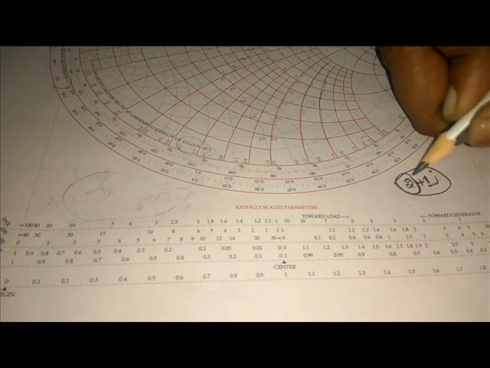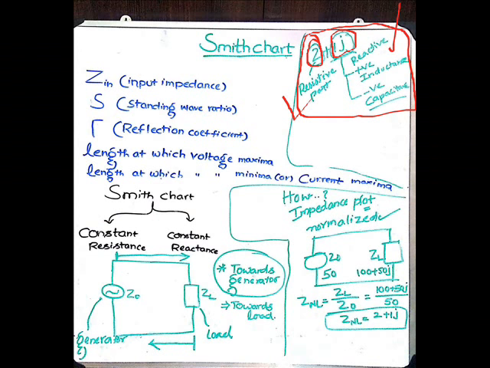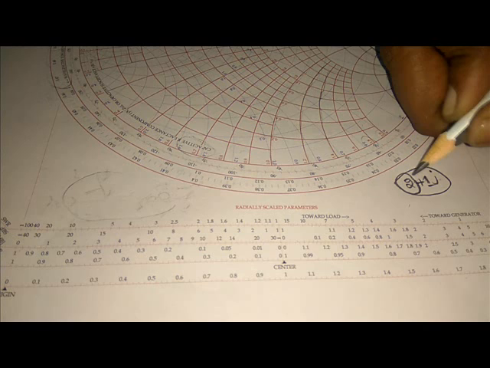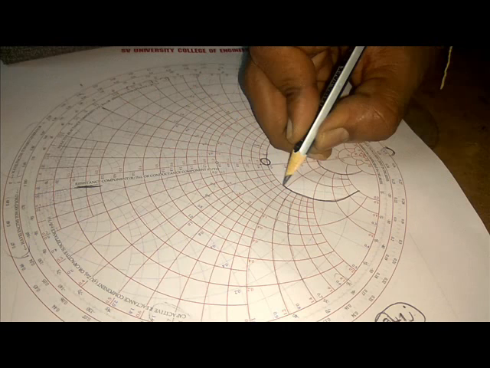Here 2 is the resistive part and 1 is the imaginary part, or we can call it the reactive part. If the reactance part is positive, then we can plot it as inductive in the upper half of the circle, and if it is negative, then we call it the capacitive part. Now the resistive part is this 2, and I have a reactive part that is inductive, the value is 1.